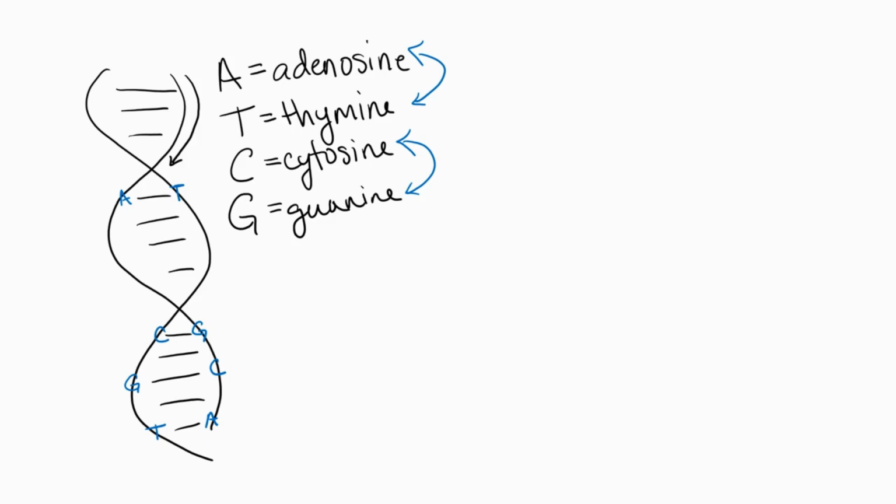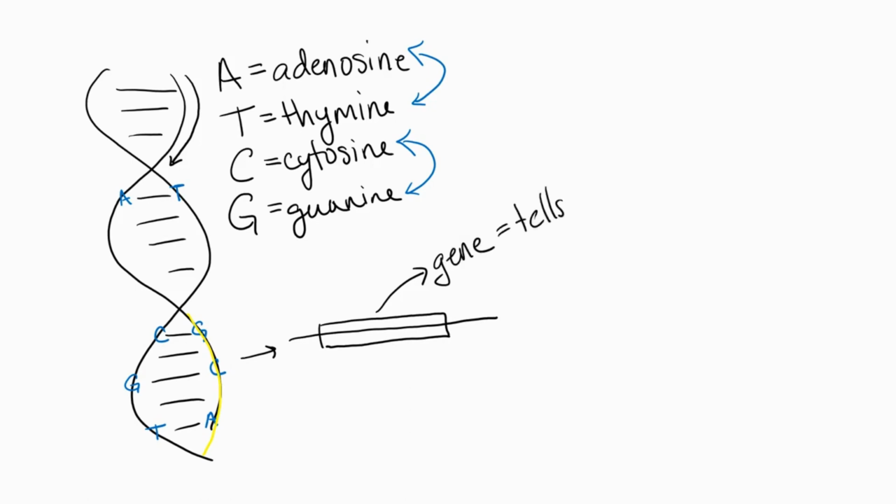So if we were to zoom in on a section of our DNA strand, we would be able to see a stretch of DNA, and then in that stretch there would be a section that would be coding for proteins, and that is called the gene. So the gene tells us how to make proteins. And that is the key around genes that we're really focusing on.